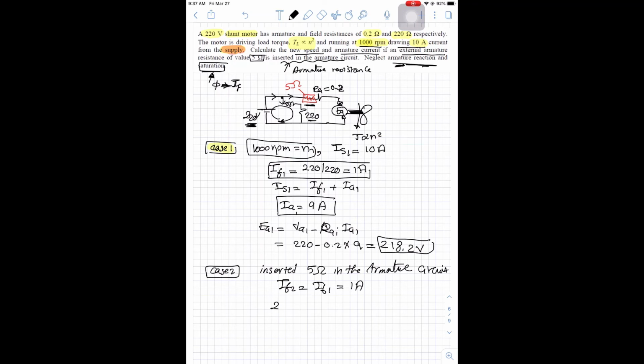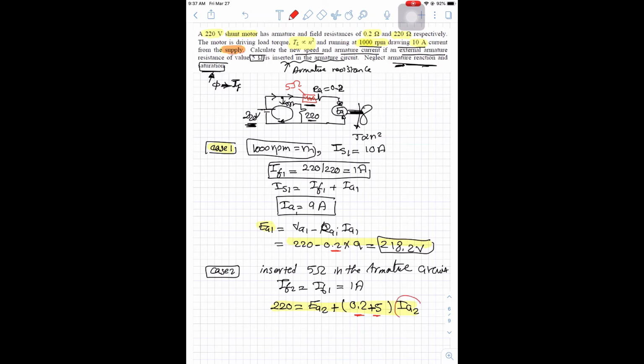So V armature 220 equals E armature 2 plus R armature, now 0.2 plus 5, times I armature 2. So the only change between this KVL equation and the KVL in our first equation is that in the first equation the resistance was 0.2 and here the resistance is 0.2 plus 5.